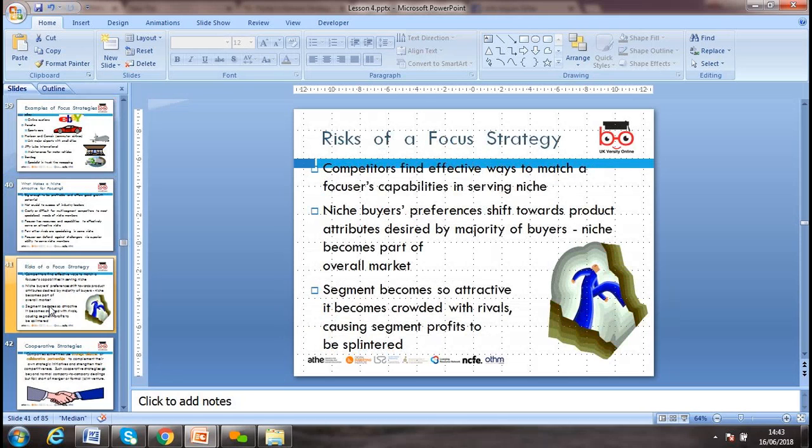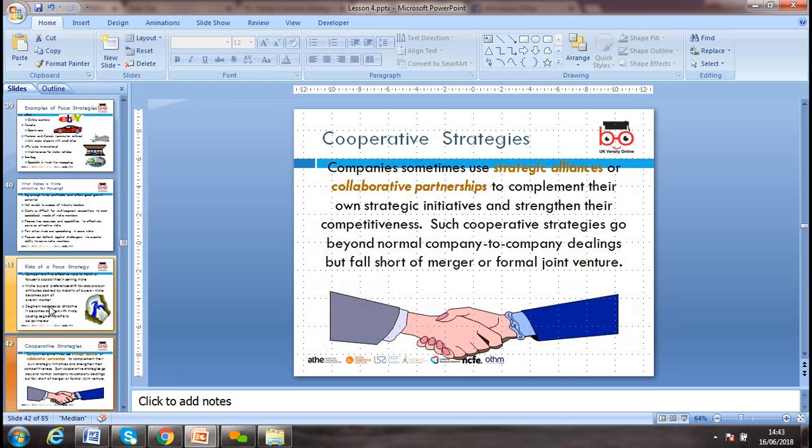The focus strategy can be at risk when competitors find an effective way to match the focus capabilities. They can exceed it, and the customer can shift. Then cooperative strategies use strategic alliances.